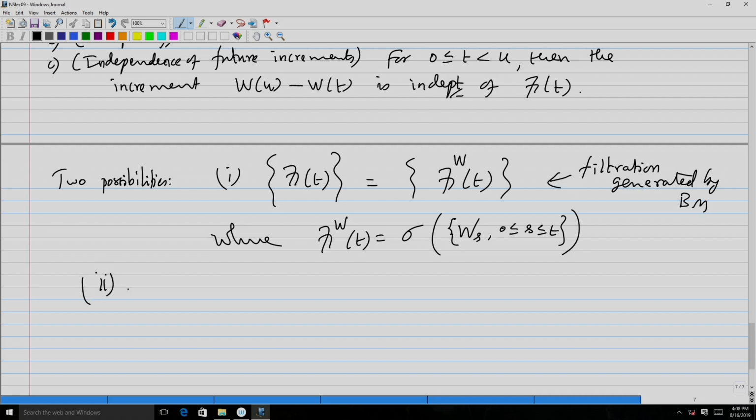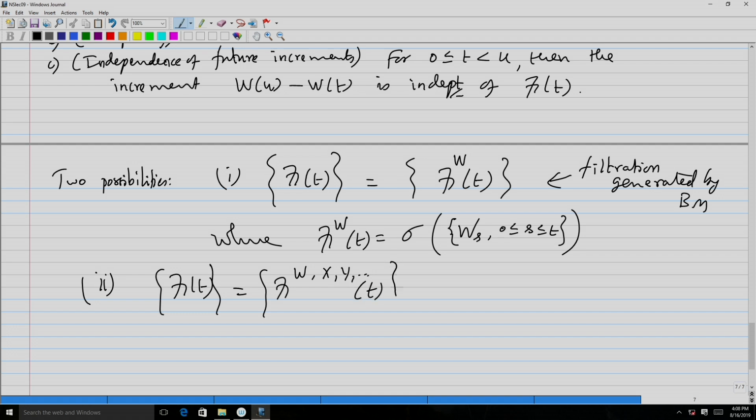Or the second case could be a general filtration with these properties, which could be generated not just by W but by some X, Y and so on, many processes.